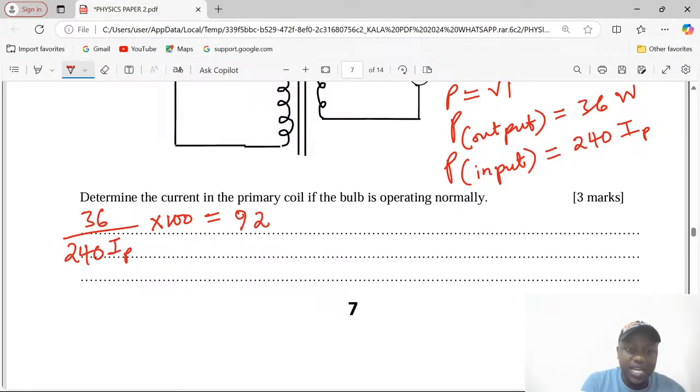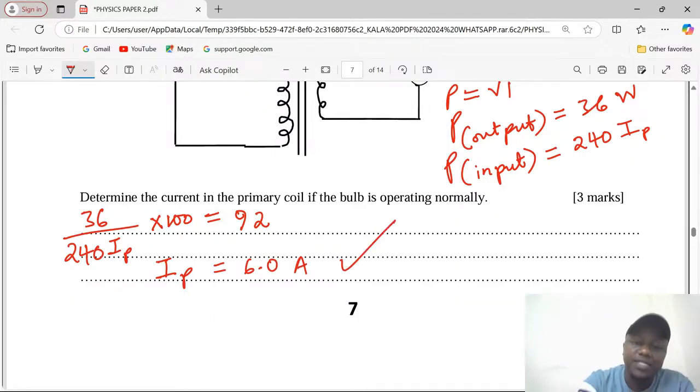Now with this, we can get the current in the primary by taking 92 multiplied by 240, divided by 36 and 100. This will give us exactly 6.0 amperes.